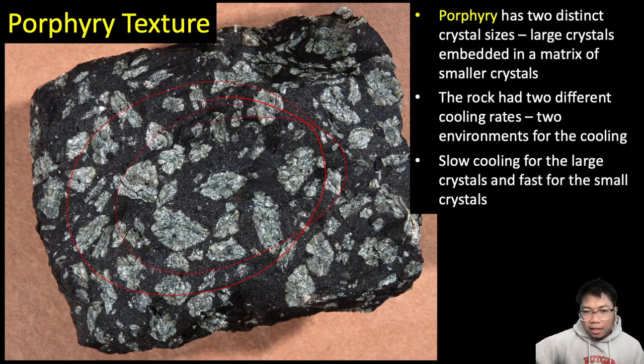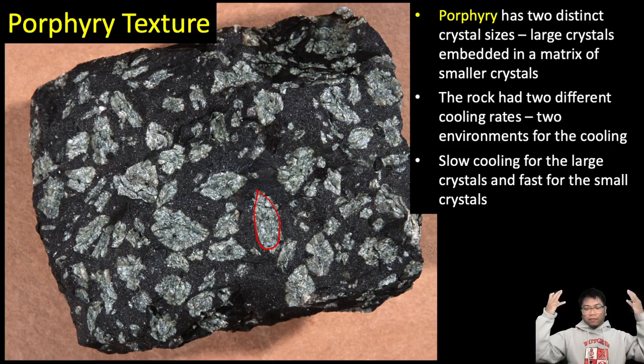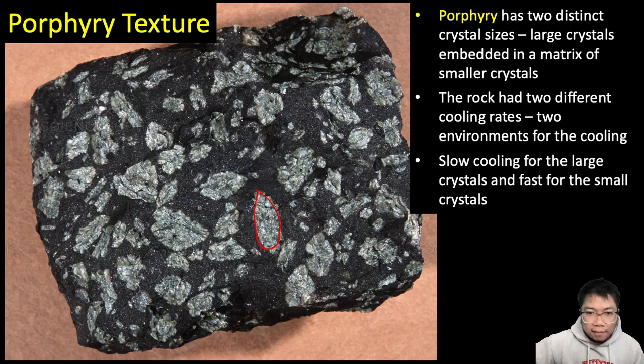The slow cooling rate allows these big crystals to form in an intrusive environment, and then for some reason, the magma was brought out to the surface very rapidly, which caused this fine grain matrix to form. So that is basically the explanation for porphyry texture.